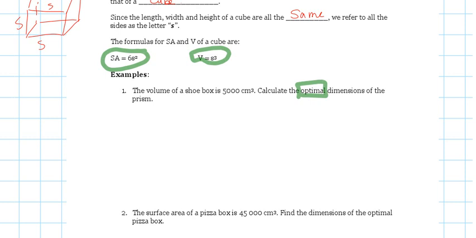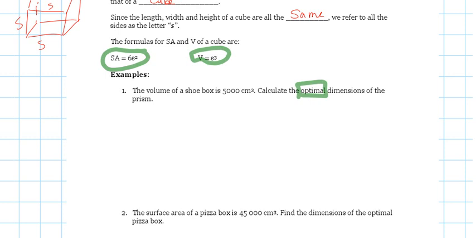Okay, so here's a question. The volume of a shoebox is 5,000 centimeters cubed. Calculate the optimal dimension of the prism. So, what am I looking for? Dimension, so I'm looking for the side length.